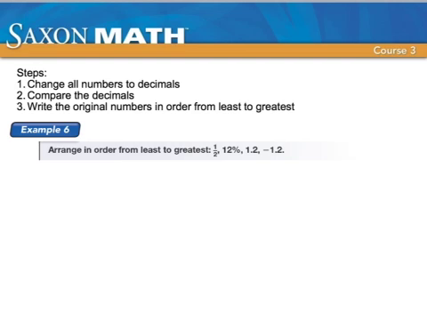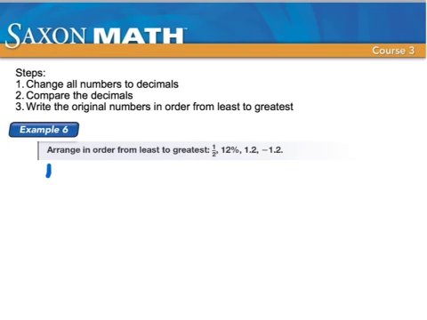So step 1, change all the numbers to decimals. Well, we talked about how to change a fraction to a decimal. If I want to change 1/2 to a decimal, that is the numerator divided by the denominator. We did that one earlier, that was 0.5. So I'm going to rewrite this 1/2 as 5/10. Remember, we had 12%.